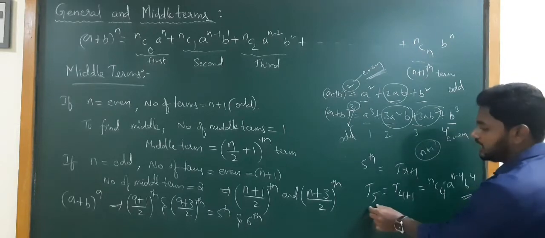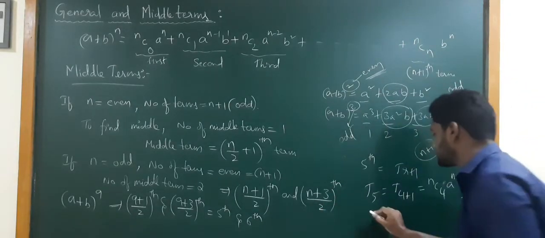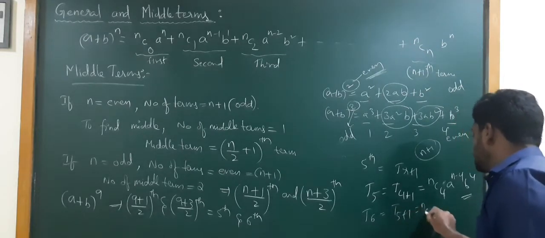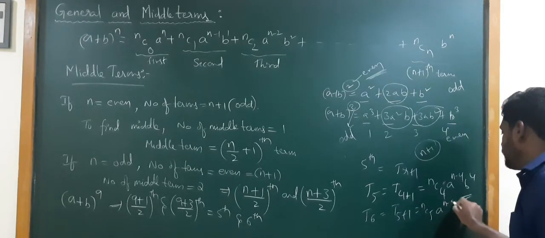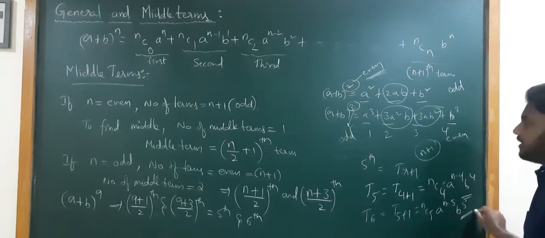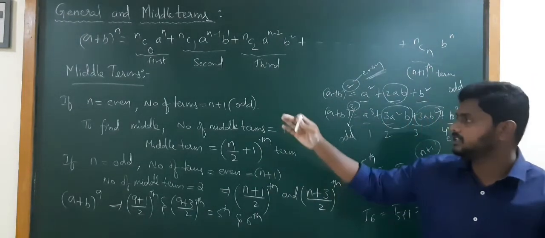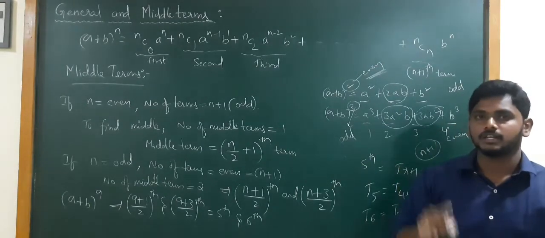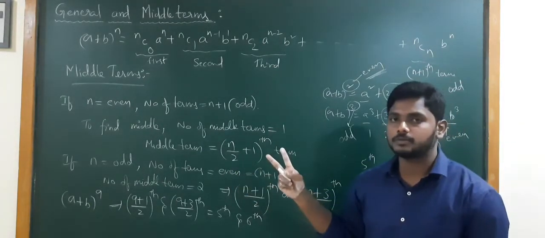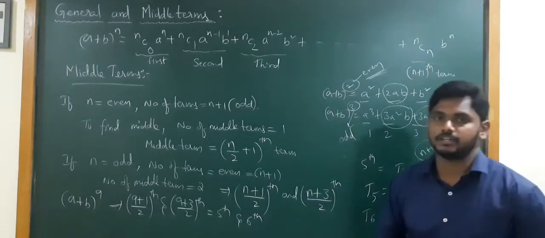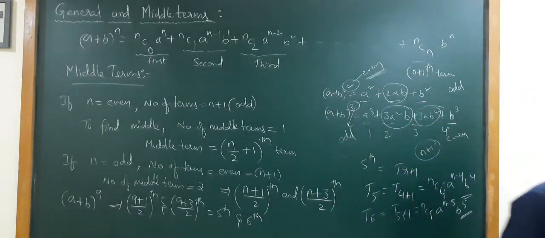Like this we will find T5, and to find T6 we will use T(5+1), which is nC5 a to the power of n minus 5 into b to the power of 5. Like that we will find middle terms based on the index value, whether it is even or odd. Even means only one middle term, odd means two middle terms, which are the (n + 1)/2 and (n + 3)/2 terms. Pause here to note it.